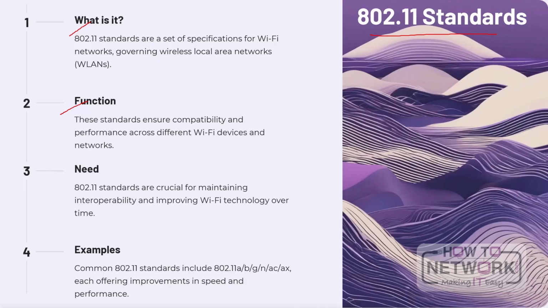The standards also provide a roadmap for advancing Wi-Fi technology, with new versions introduced periodically to enhance speed, range, and security. The need for 802.11 standards arises from the complexities of wireless communication and the diverse range of devices and networks in use.